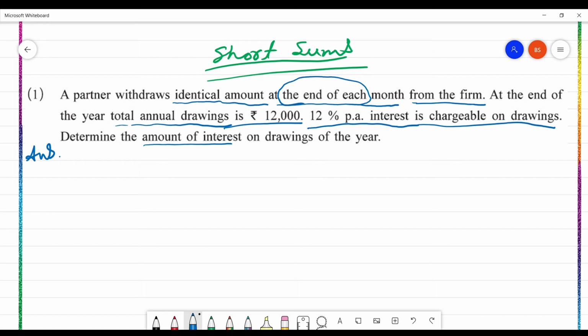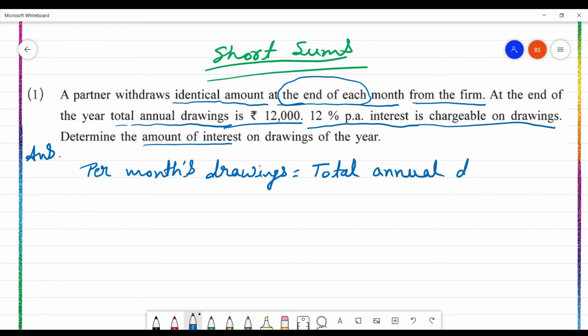Here total annual drawings is given, so we will calculate per month's drawings. The formula is total annual drawings divided by 12 equals 12,000 divided by 12.